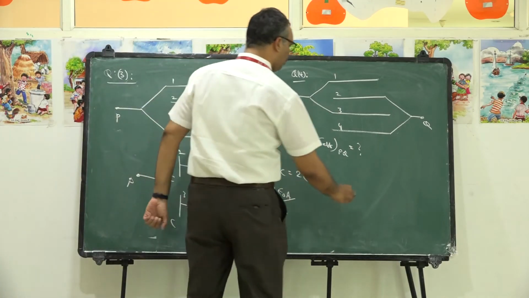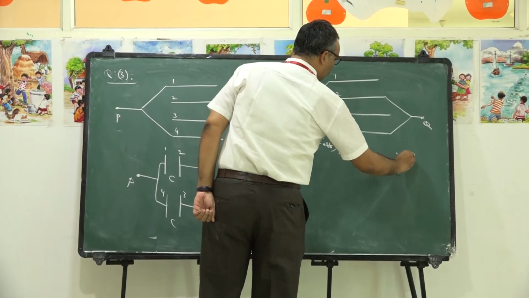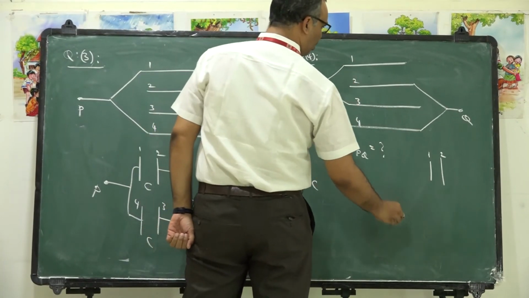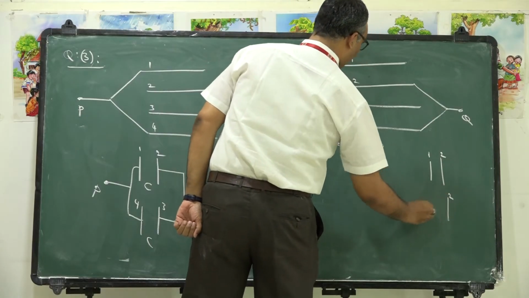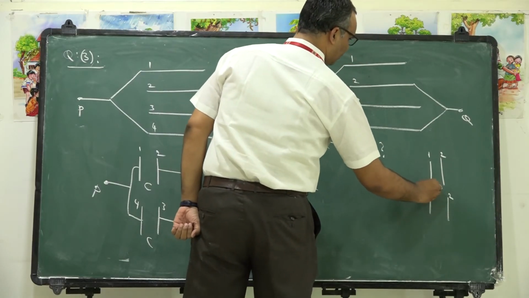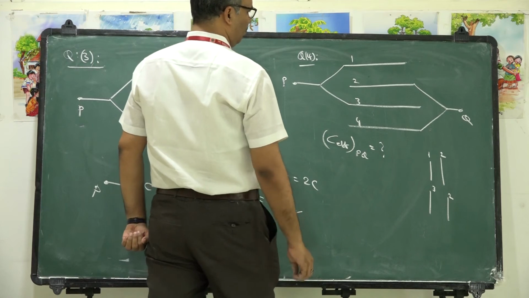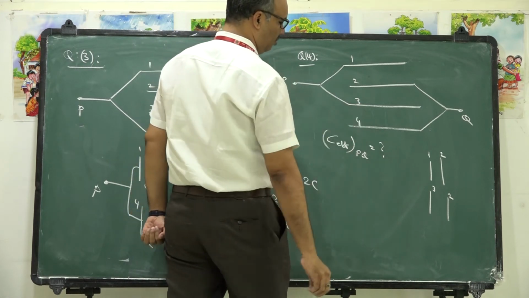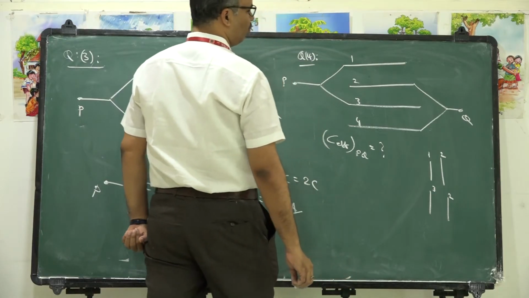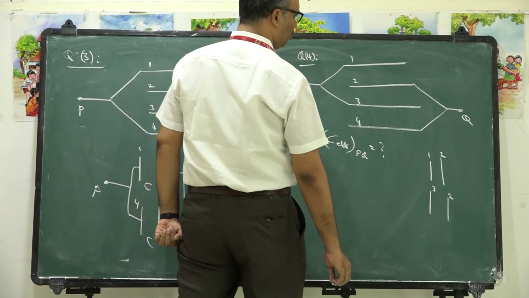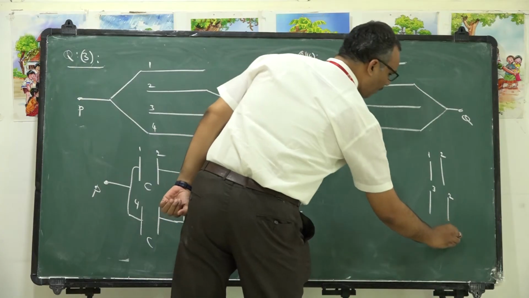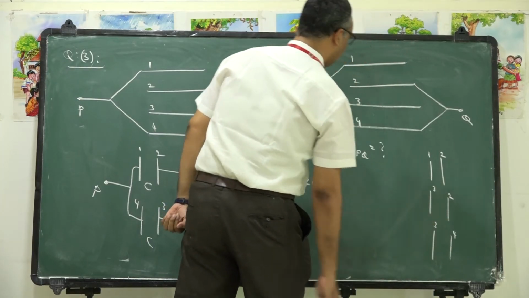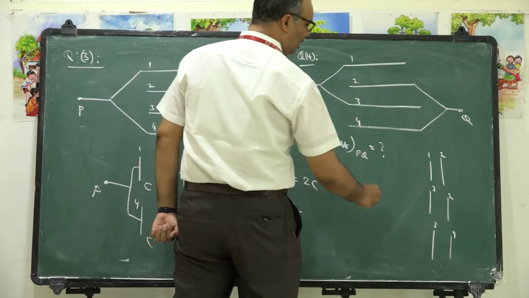How can you know? 1, 2 is like this. 2 is common for both. So 2, 3 is like this. Then one more is 3, 4. 4 is attached to Q. 1, 3 is clearly joined.